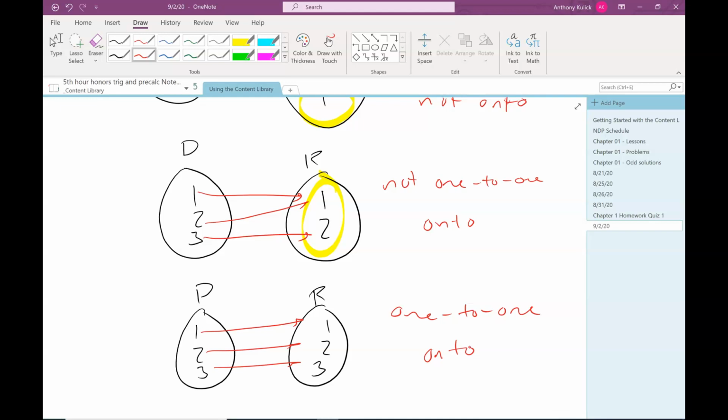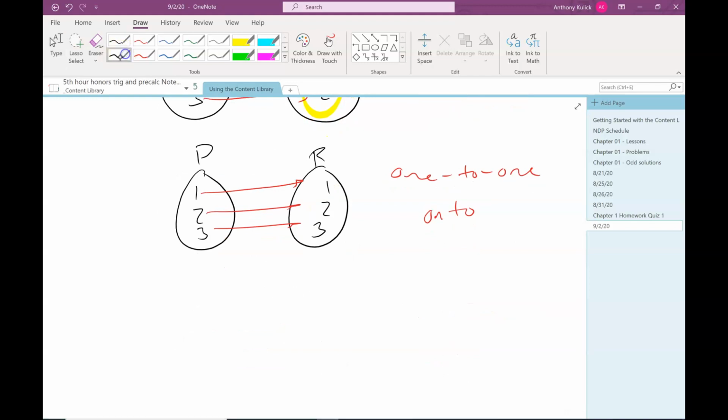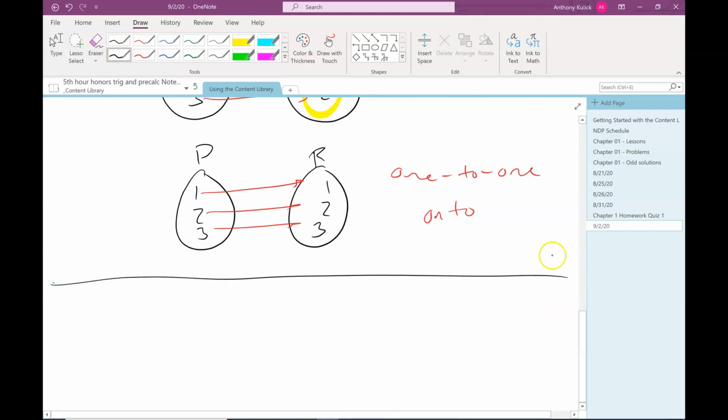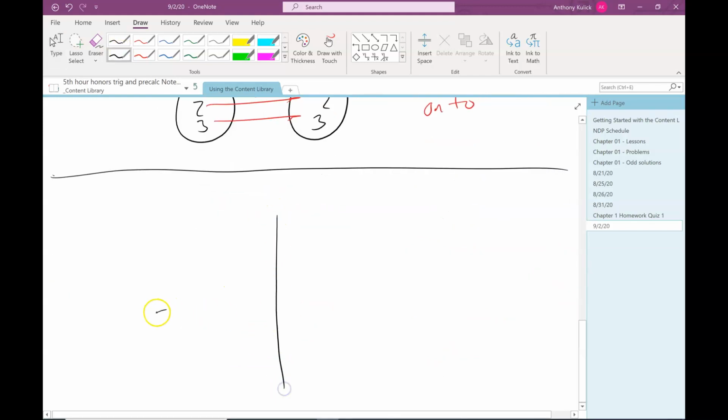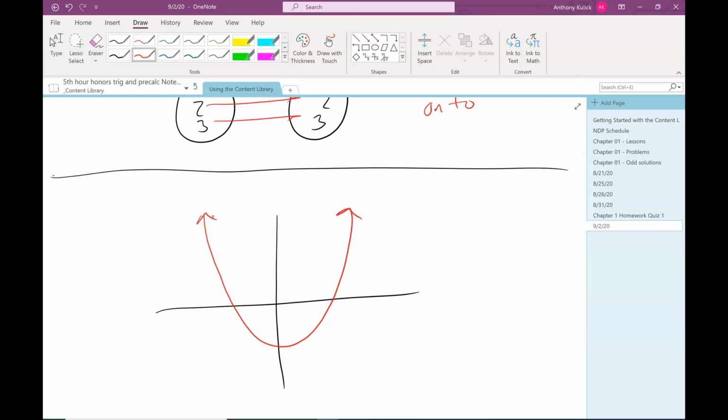What would this look like graphically? That's a little bit more challenging to think about. So if I look at this, let's start with the easier question. Is it one-to-one? No, right?